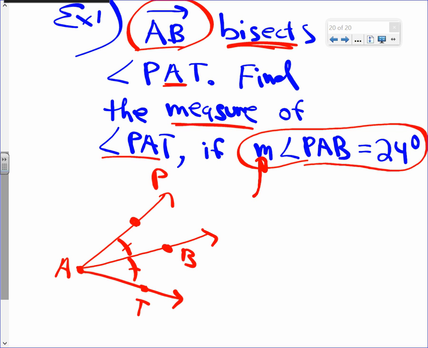Little m means measure. That means how many degrees. Whenever you see a little m, that means the measure. The measure of angle PAT is how many degrees it is. Well, how many degrees is 24 degrees? Let's see then. So if PAB, I'm going to put 24 degrees right here. What's your argument for 48?